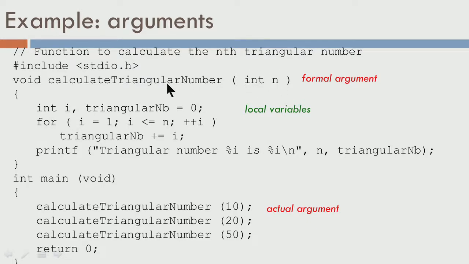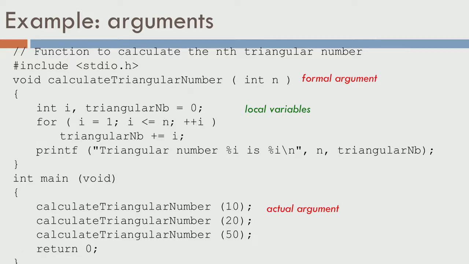The formal argument for calculate triangular number is n, and i and triangular nb are two local variables. i is used for the iteration and triangular nb is used for the summation. So, n is a formal parameter, 10, 20 and 50 are actual parameters, and i and triangular nb are local variables.